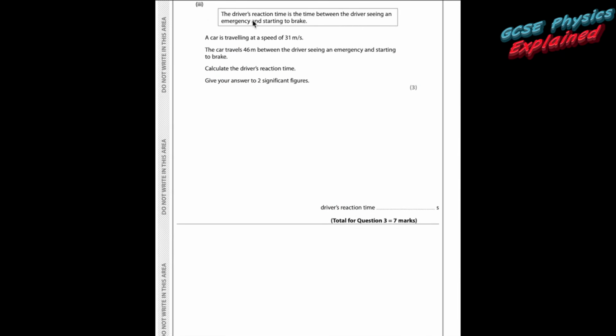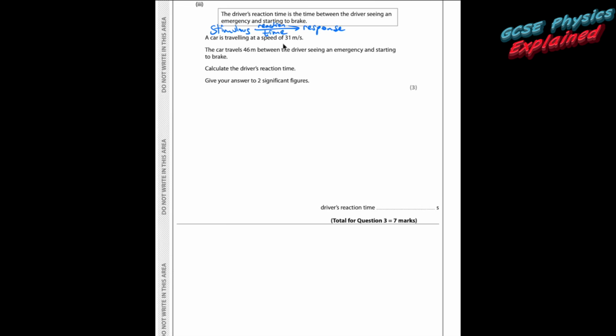Part 3. The driver's reaction time is the time between the driver seeing an emergency and starting to brake. So seeing the emergency is what we'll call the stimulus, and starting to brake is what we call the response, and the time between the stimulus and the response is the reaction time.